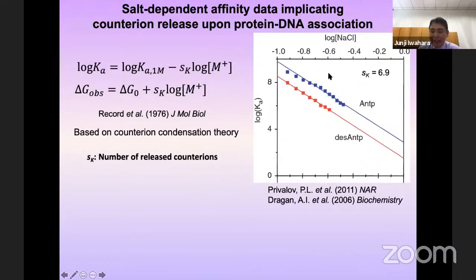From a log-log plot, you can determine the number of released counter ions using the slope of the linear dependence.